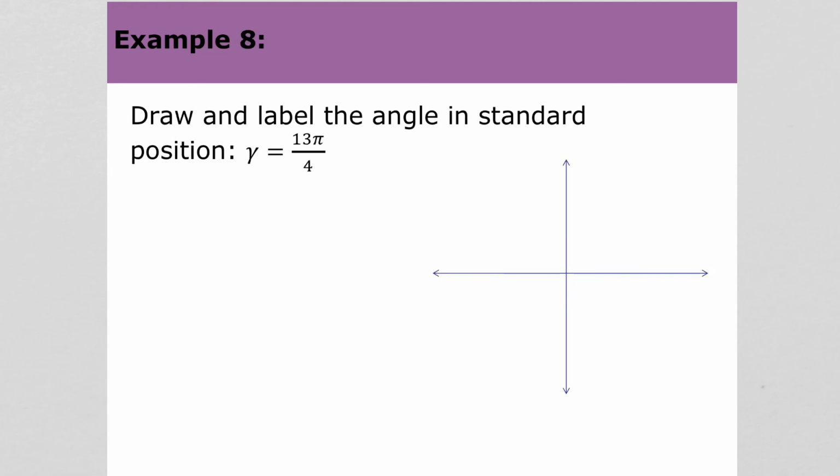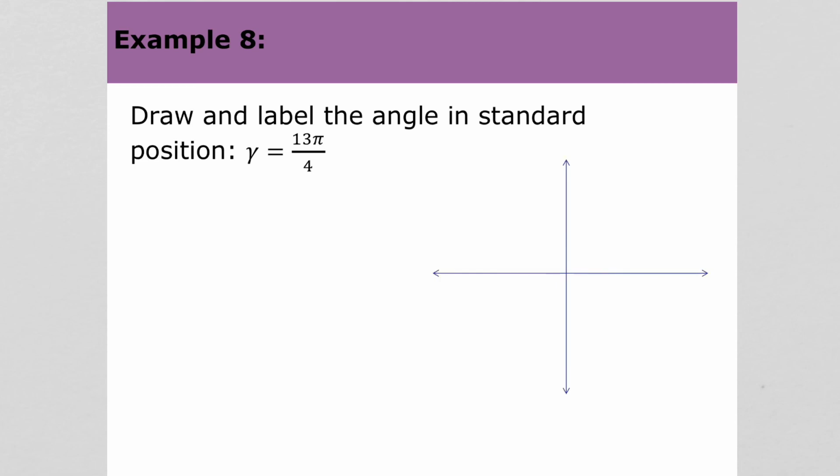And then example 8 wants us to draw 13 pi over 4. If we go back to example 7, let's talk about this for just a second. You notice that this angle is the same as the angle pi over 4, or at least its terminal side ends up in the same spot. So we'll be talking about that more in the future.